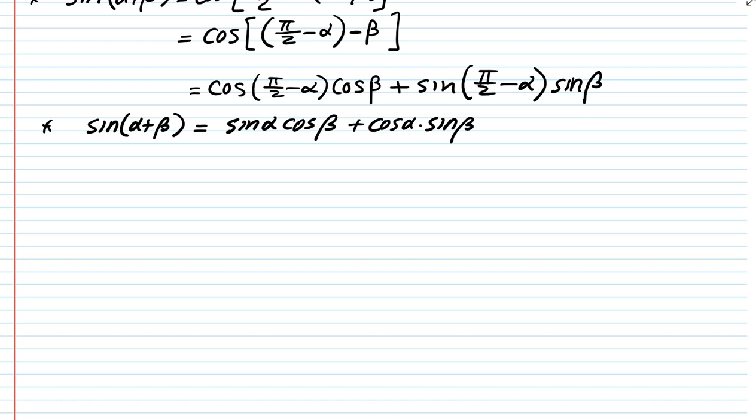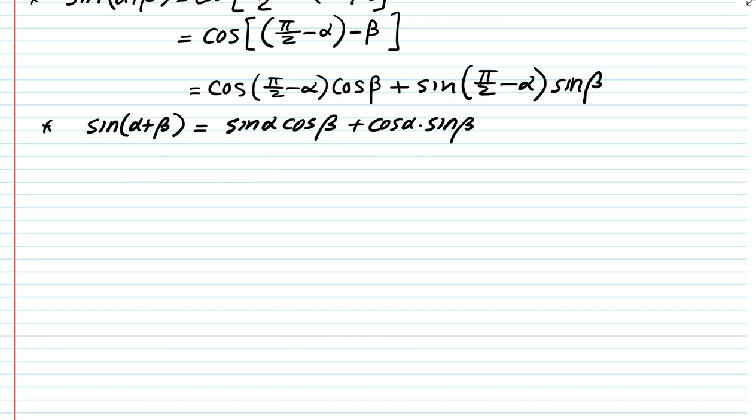Now, just like cosine of alpha minus beta, if you want to do alpha minus beta, change it to alpha plus negative beta. Replace this with negative beta, this with negative beta. Well, cosine of negative beta and beta are the same, so the first part isn't going to change. Sine of negative beta is negative sine beta, so the plus that's between these two expressions becomes minus.